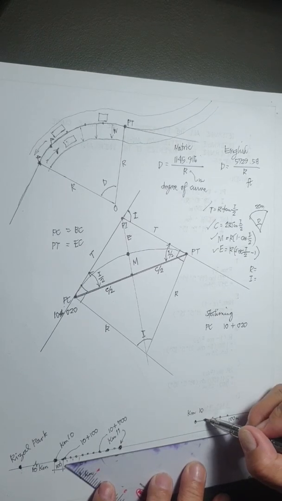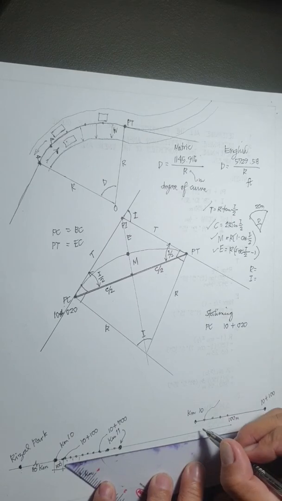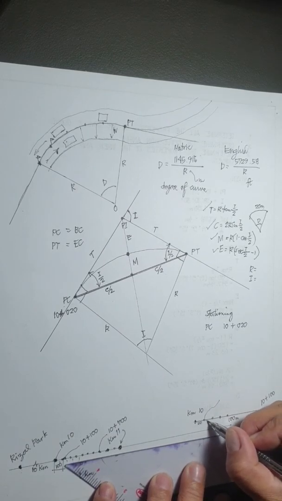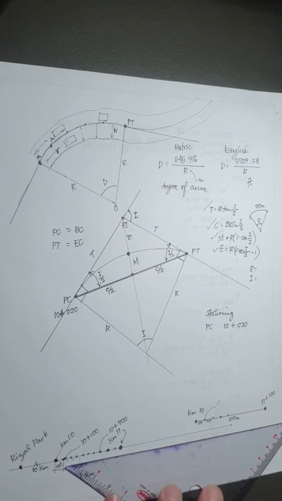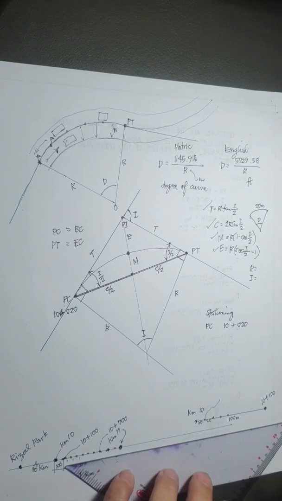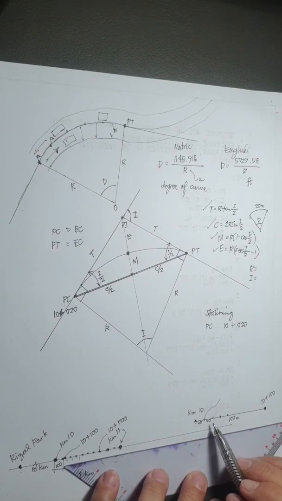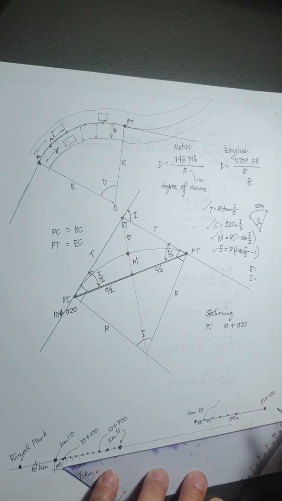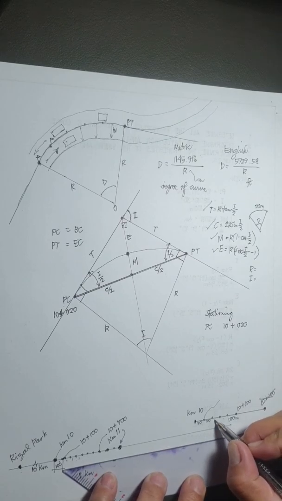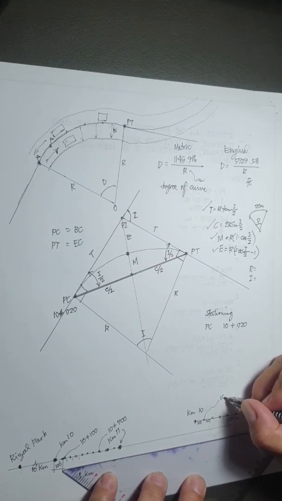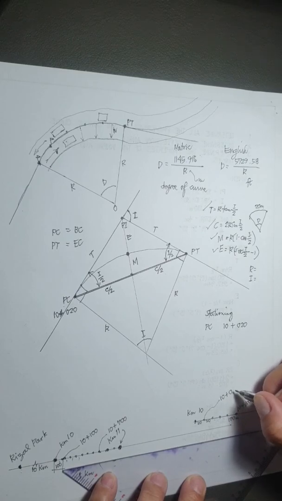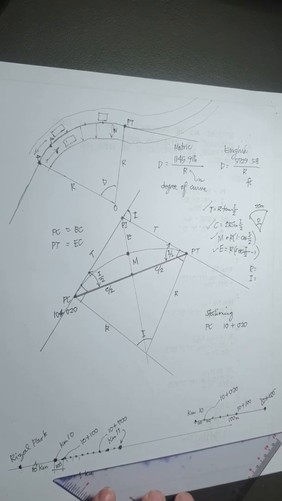So, meaning, itong point na to is tig 20 sila, diba? Lalabas 20, 40, 60, 80. Dito na lang natin ilagay si kilometer 10 plus 100. Okay? So, by 20 sila. So, meaning, this is now station 10 plus 020. Okay?